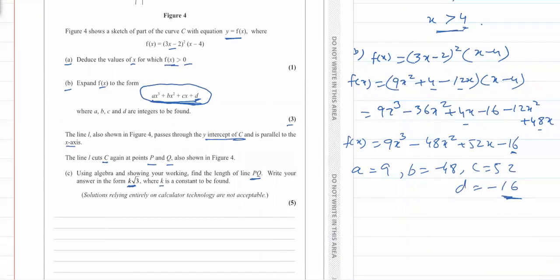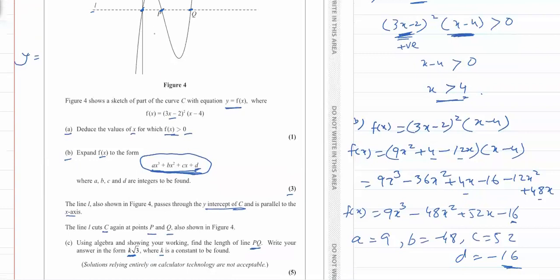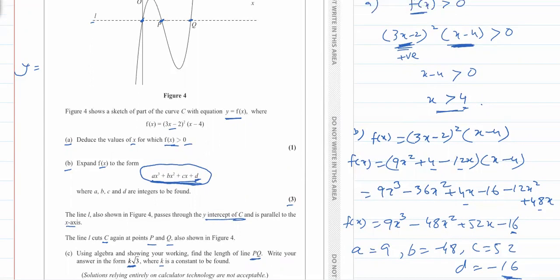So the equation of the line L is y equals minus 16. Now, both the curves are crossing. You can clearly see one point of intersection here, and the others are P and Q.